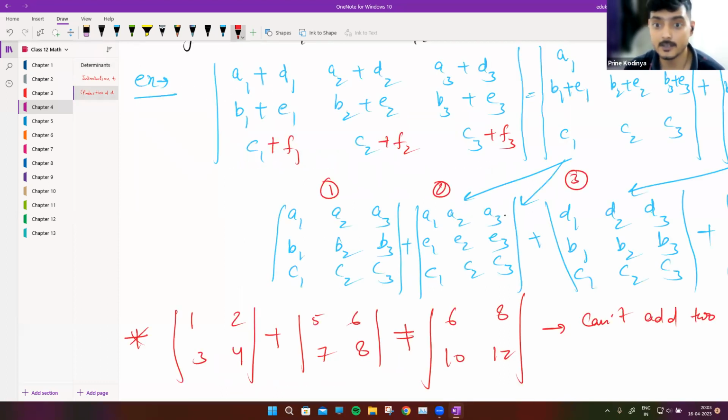Yeah, how many determinants will be there if I write it like this? 8. Because see, this will be also in F1, F2. So what happens? In all of these 4, you get the C1 plus F1, then also C1 plus F1, then also C1 plus F1, and then also C1 plus F1, right?